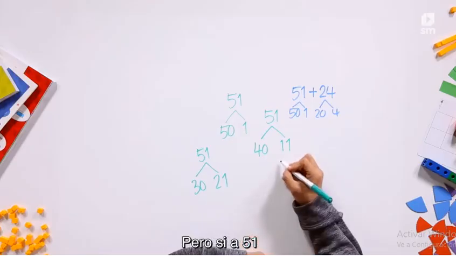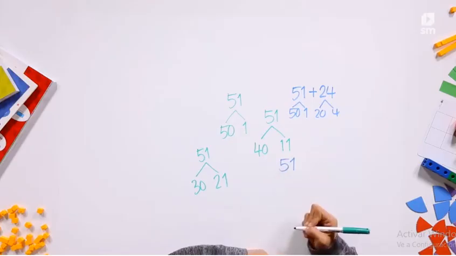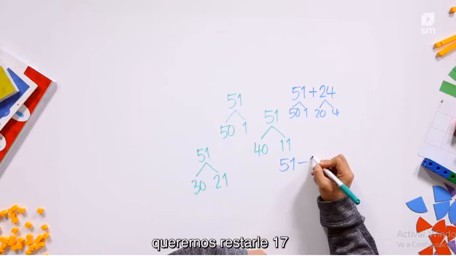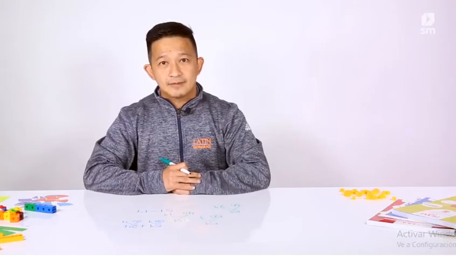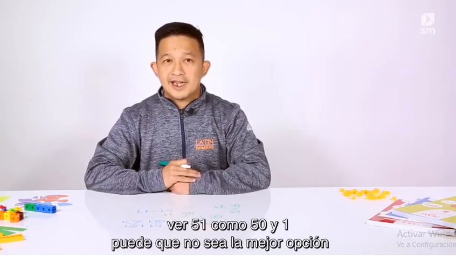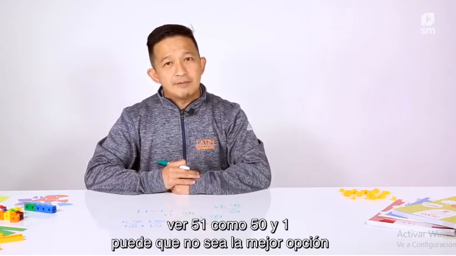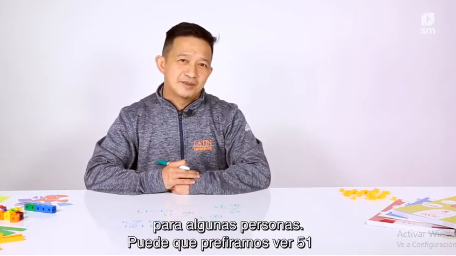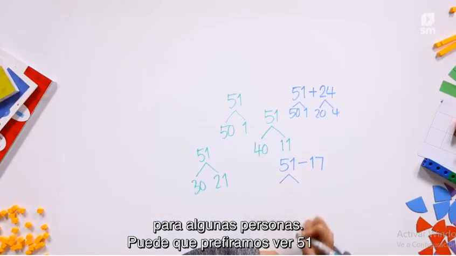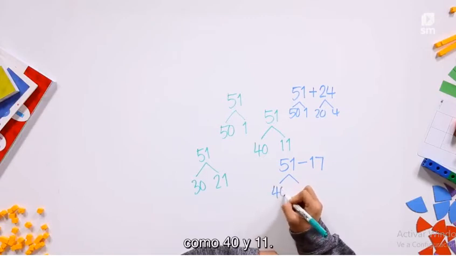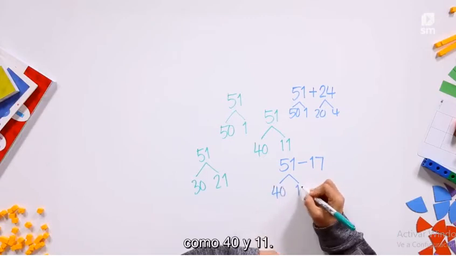But if I want to do 51 subtract 17, then looking at 51 as 50 and 1 may not be the best option for some people. We may prefer to look at 51 as 40 and 11.